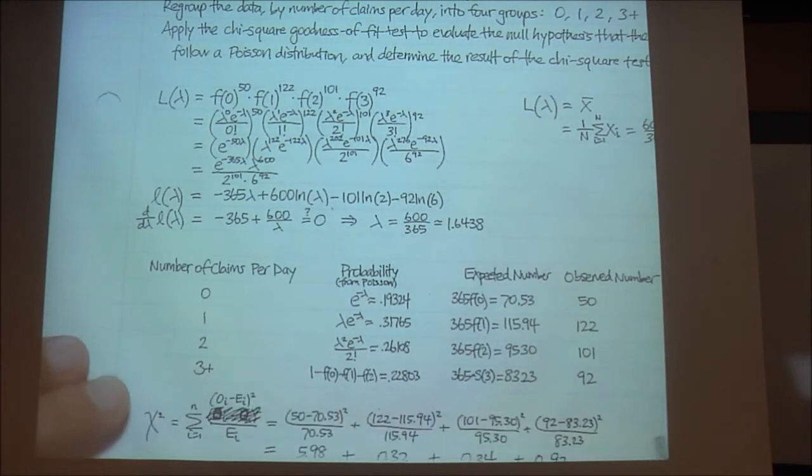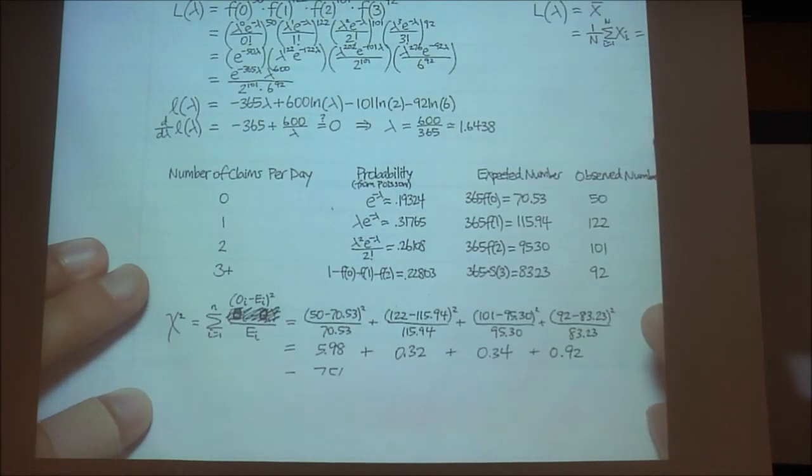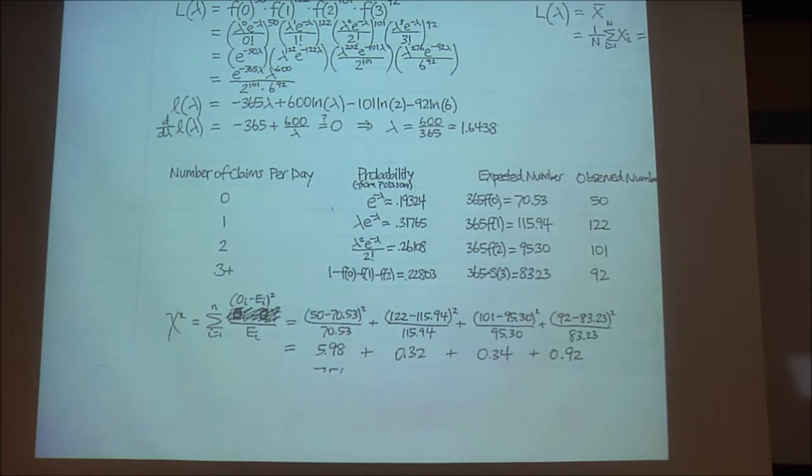Your chi-squared, as they mentioned, is the expected minus the observed, squared, divided by the expected. But if you reverse that, that's okay as well, because you're squaring it so it comes out the same either way. So you input the numbers.